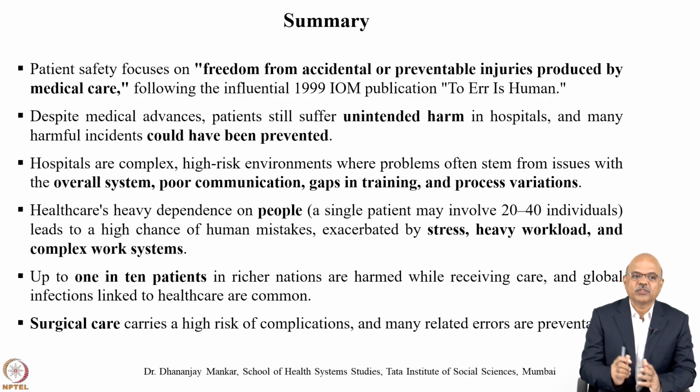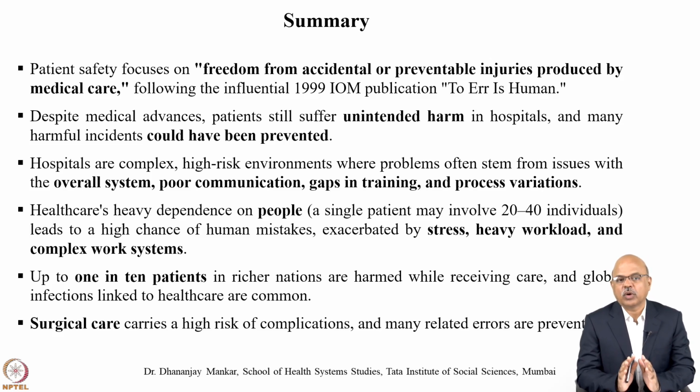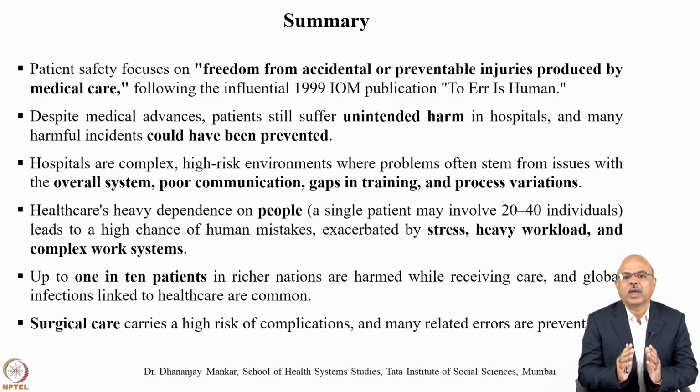So in summary of this chapter, patient safety focuses on freedom from accidental or preventable injuries produced by medical care, following the influential 1999 IOM publication To Err Is Human, which emphasized doing no harm. Despite medical advances, patients still suffer unintended harm in hospitals, and many harmful incidents could have been prevented, as seen from a lot of reports and research.